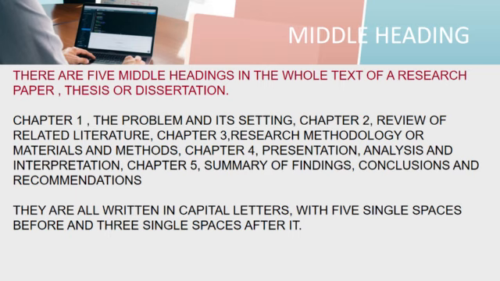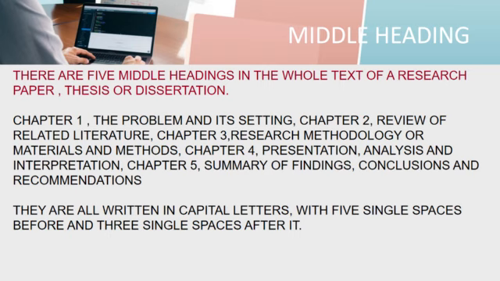There are only 5 middle headings in the whole text of a research paper, thesis, and dissertation. They are all written in capital letters with 5 single spaces before and 3 single spaces after it.